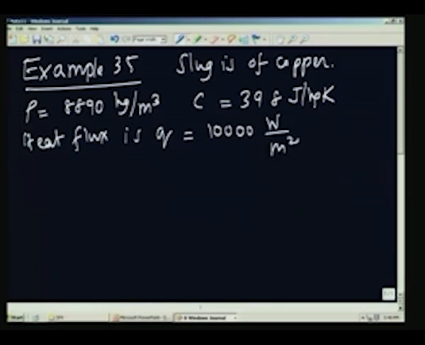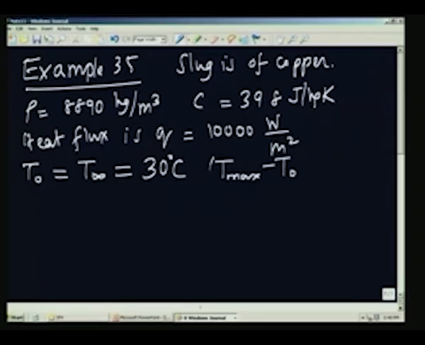This is specified in the problem, and the initial temperature T naught is the same as the casing temperature, which we will take as 30 degrees Celsius, and the T max minus T naught, the rise in temperature, is given as 50 degrees. So, the difference in temperature between the slug at the maximum value of the temperature and the initial value is given as 50 degrees.